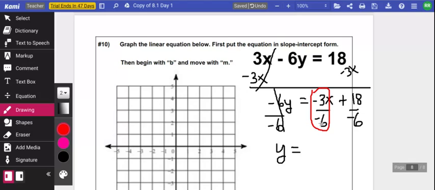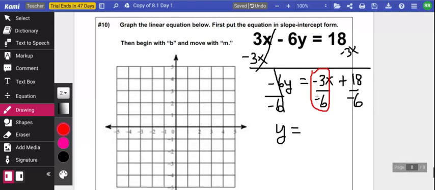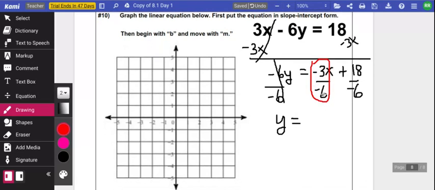Well, because I have a negative over a negative, I know that my result will be positive, and I have a 3 over 6. Isn't 3/6 the same as 1/2? Yeah, 3/6 would simplify to 1/2. Don't forget your x, so this is 1/2 x. What about this? You have 18 over -6. 18 divided by -6, you know, is -3.